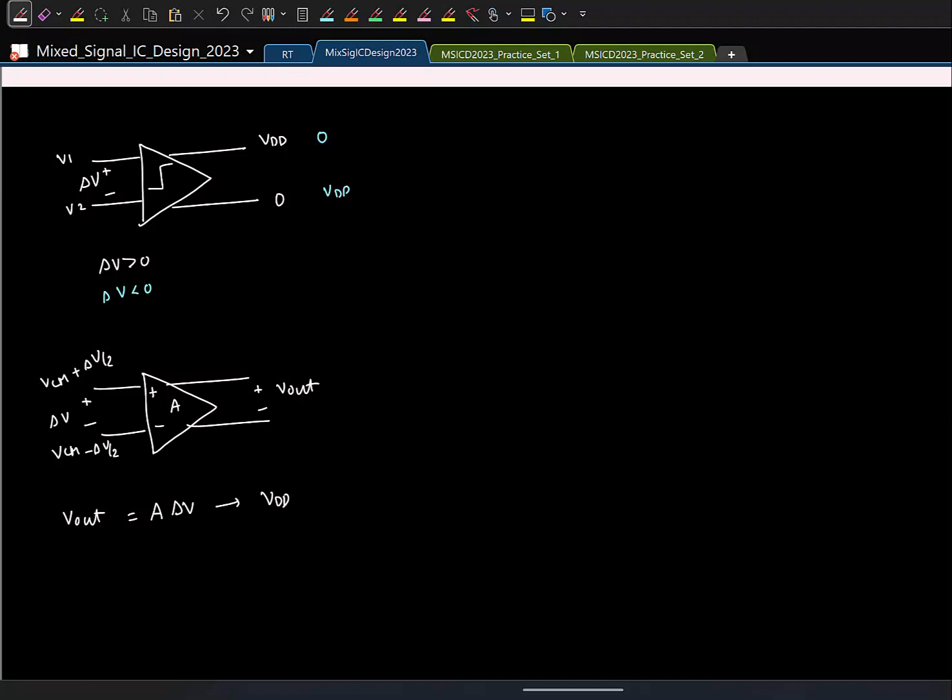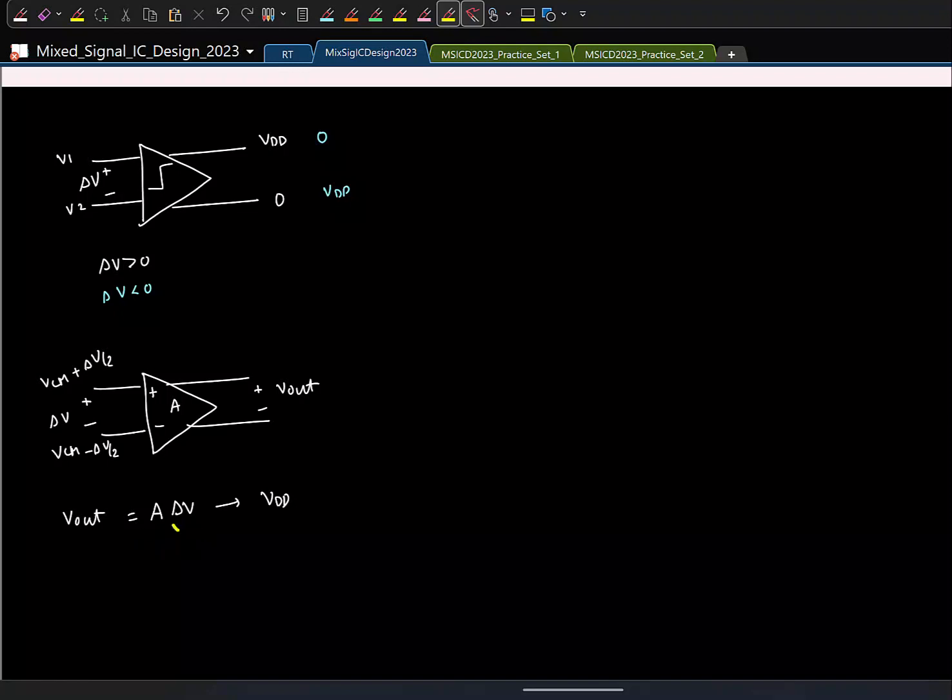So if this is the case, what is the minimum delta V I can apply to the circuit so that I can get an output of VDD? See, now we are applying delta V. The output is ideally A times delta V. The hope is this is large enough that it saturates to VDD.